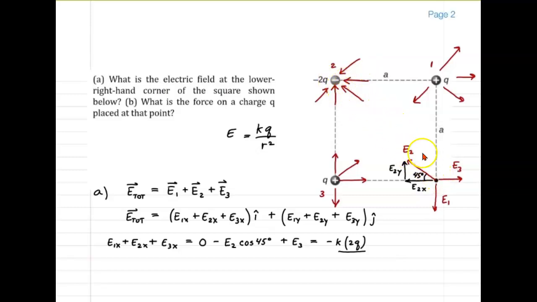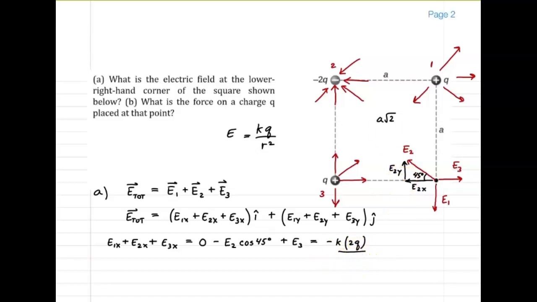It's not A, okay? It's not A. If you remember, for a square, the diagonal of a right triangle at 45 degrees is A root 2. So this distance here is actually A root 2 going from one corner to the other.